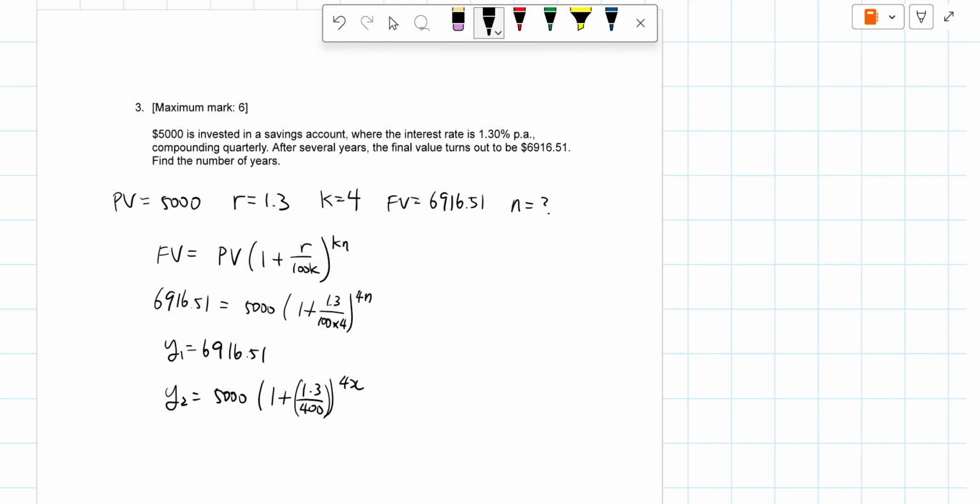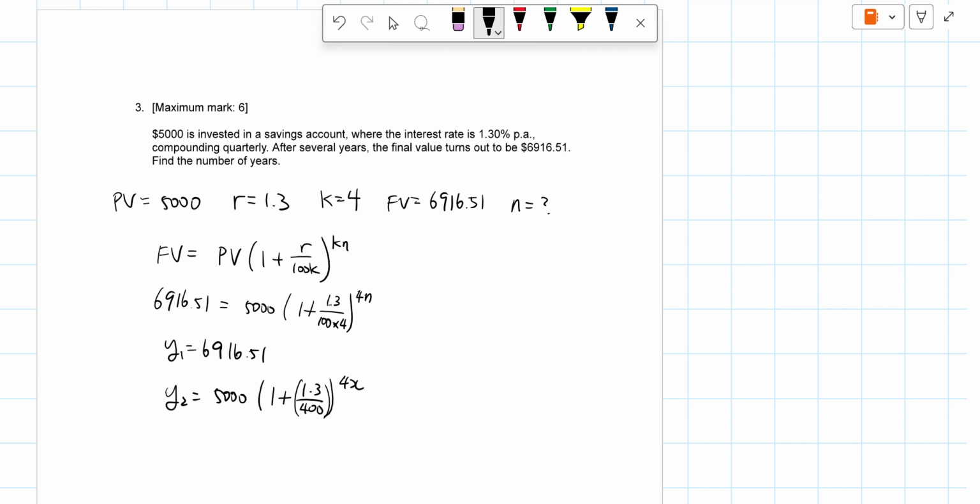And then I see the graph a bit better. However, I need to extend my x value a bit higher. I don't care about the negative x value, so I'm going to put my x minimum as 0. But instead, I'm going to put my x maximum as, let's say, 30. So when I switch my window one more time, I do see the intersection point.